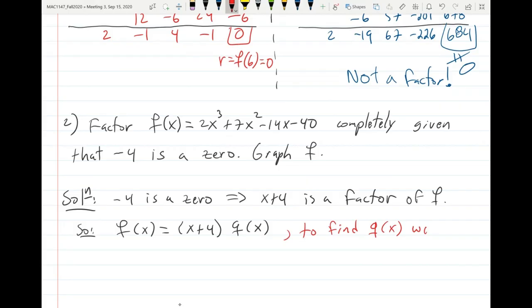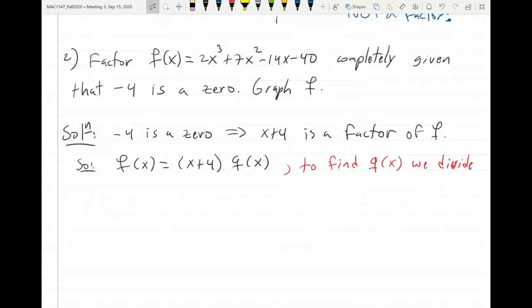All we have to do is divide, right? If you already know that x plus 4 is a factor, all you have to do is divide by x plus 4. First of all, we better get remainder 0. And second, the quotient of the division will be our q of x, right? So let's go for it. So we're going to divide by x plus 4.